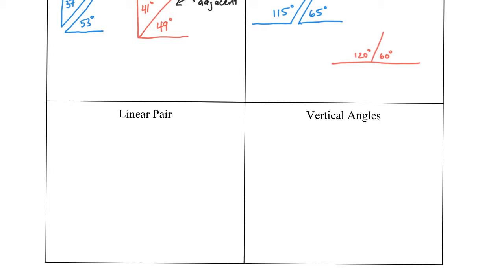So a linear pair is a pair of angles that are both supplementary and adjacent.